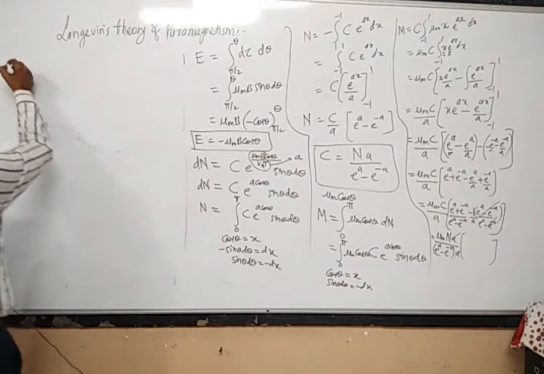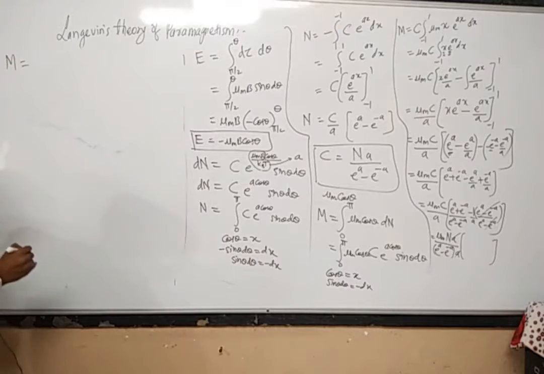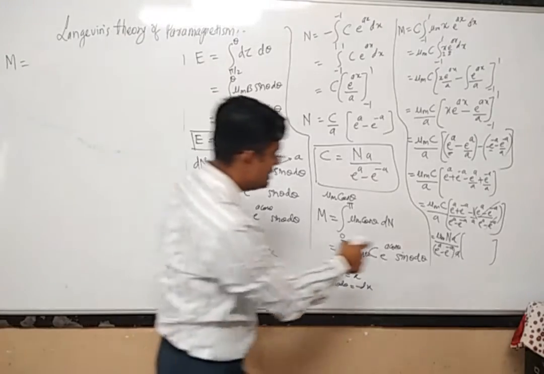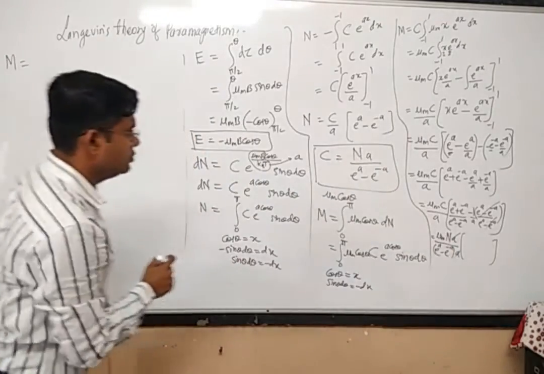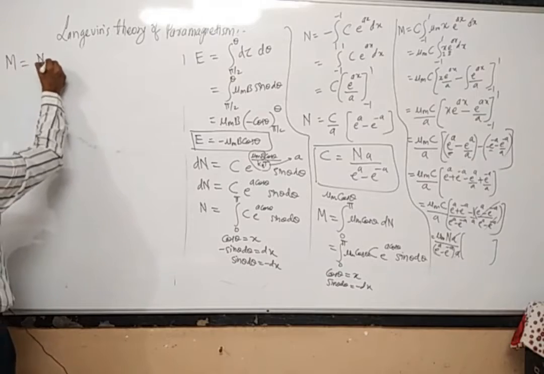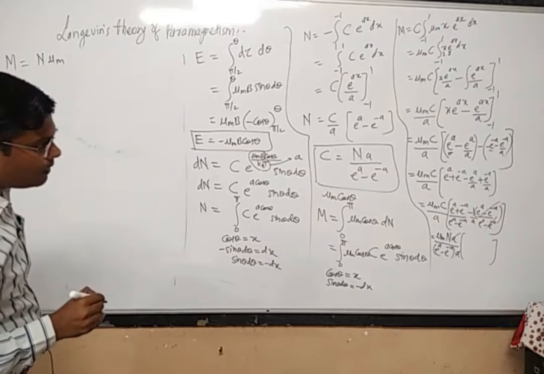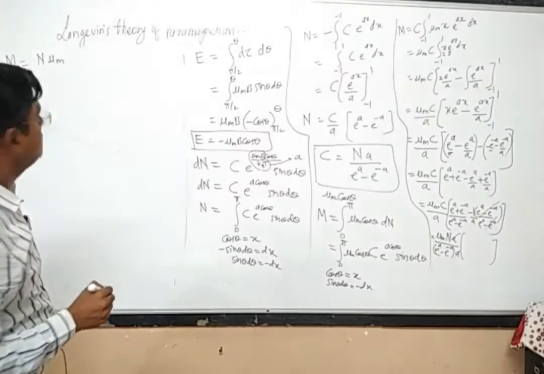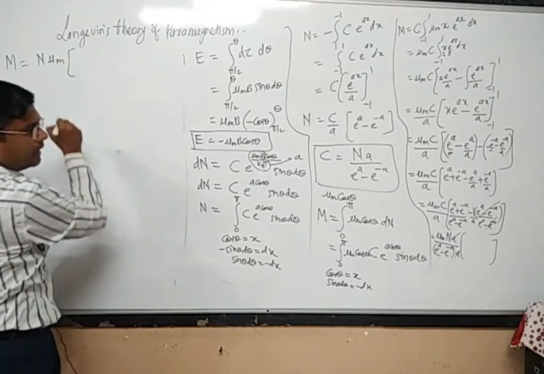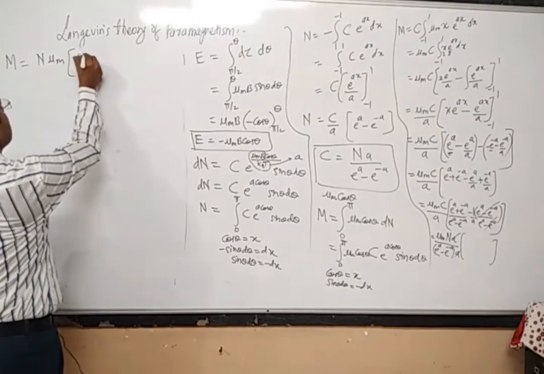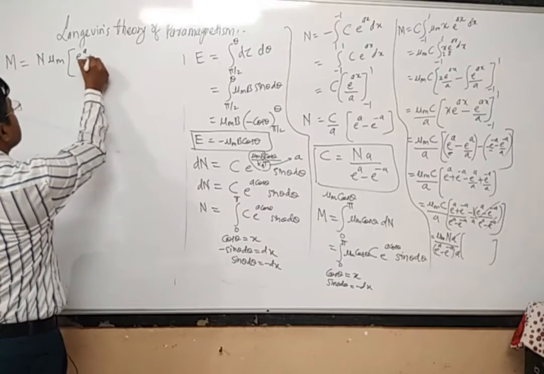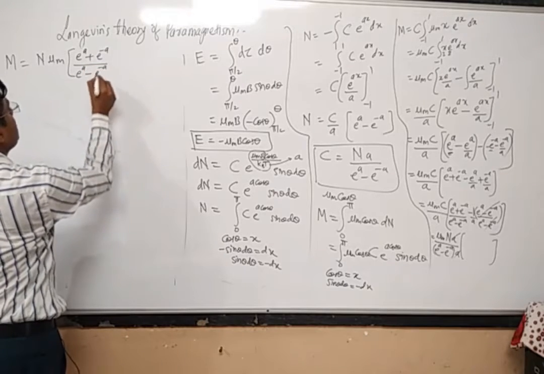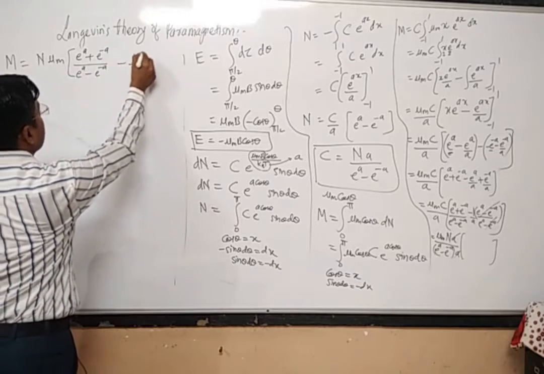So the expression for magnetization, that is M, and M is equal to n times μm, remember this a is also cancelled. In the bracket it is e raised to power a plus e raised to power minus a, over e raised to power a minus e raised to power minus a, and minus 1 by a.